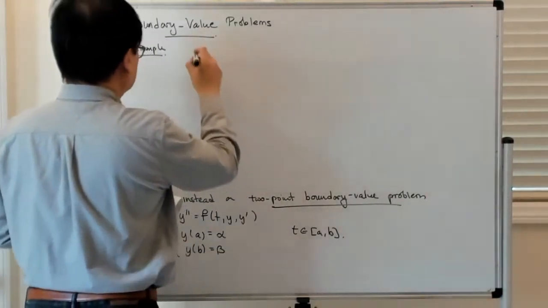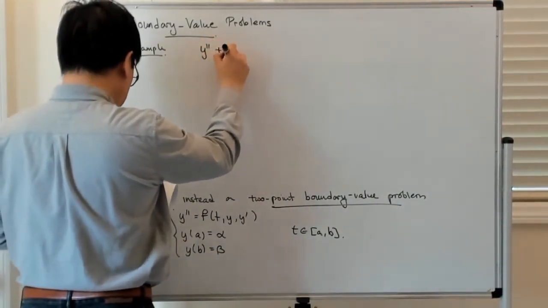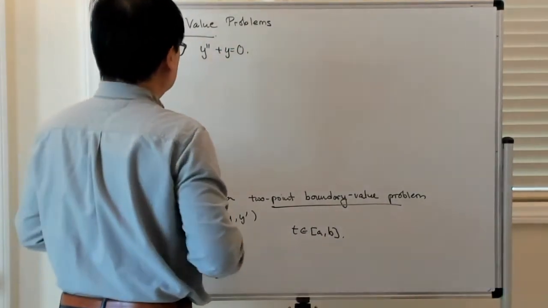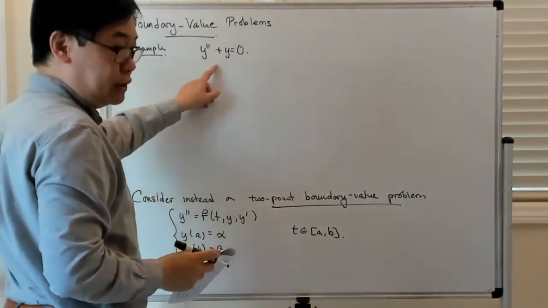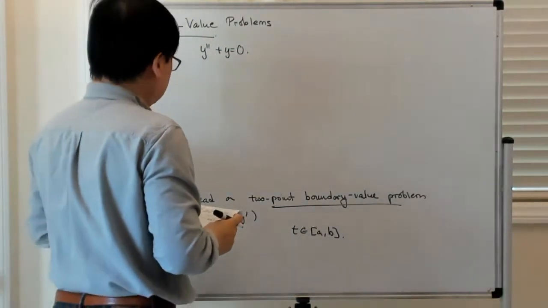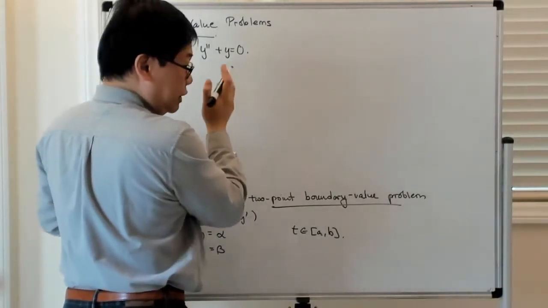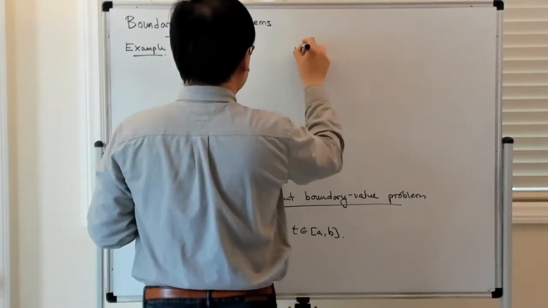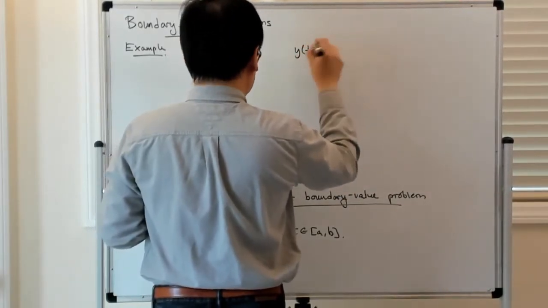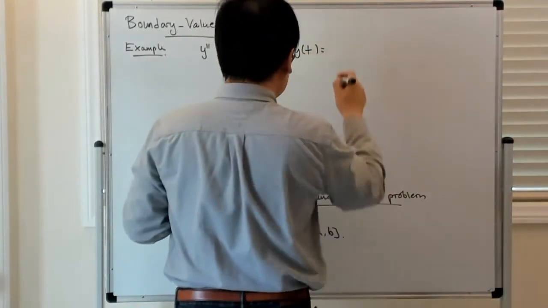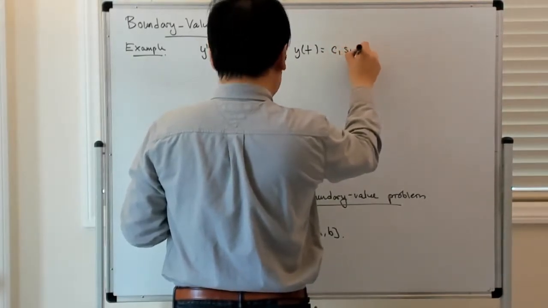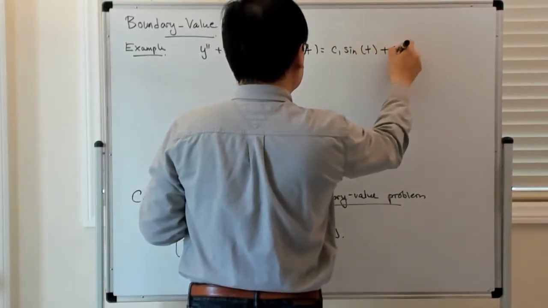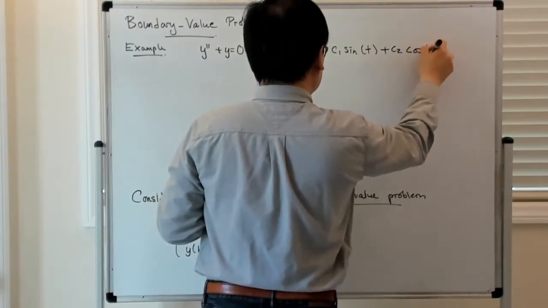Okay, so let's say we have y double prime plus y is equal to 0. We can write down the general solution of that second order constant coefficient linear differential equation. You probably know the answer to this already. y of t is a linear combination of sines and cosines, so it's c1 sine of t plus c2 cosine of t.